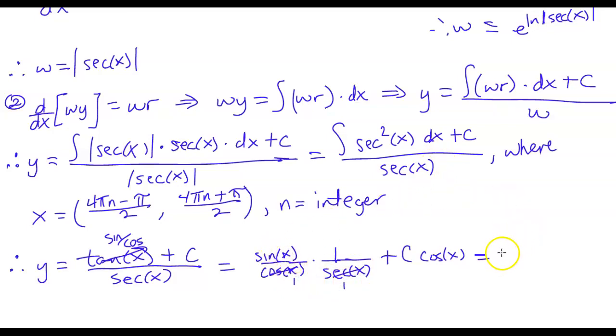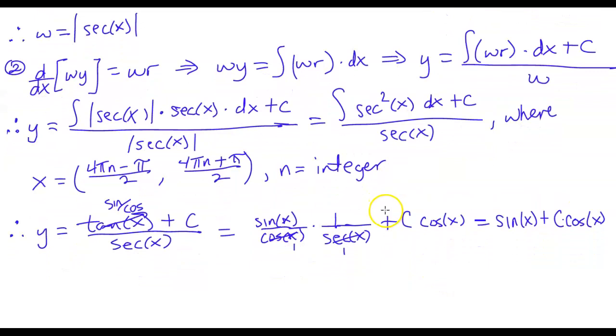And what I have left here is just sine of x plus c cosine of x. And so this would be my final answer. So I'll just go ahead and rewrite it. Therefore, y is equal to sine of x plus our constant c times cosine of x.